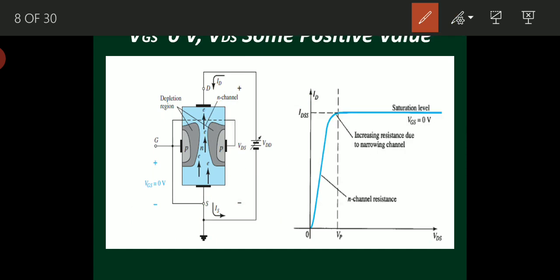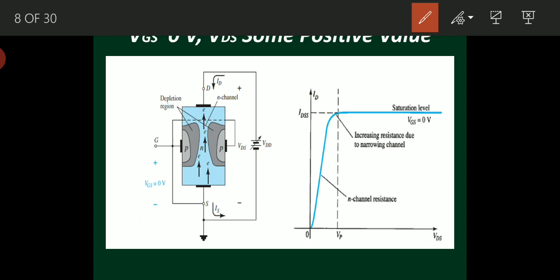As the source terminal gets forward biased and the drain terminal gets reverse biased, electrons which are majority charge carriers in the n-type substrate near the source terminal get repelled by this negative terminal of VDS and tend to move towards the drain terminal.